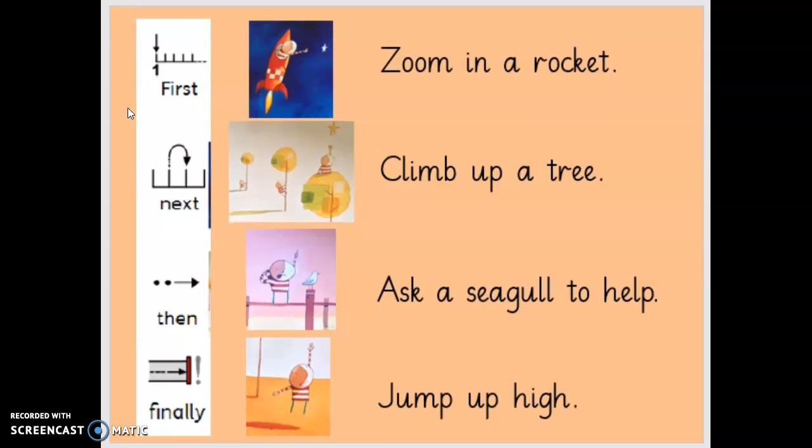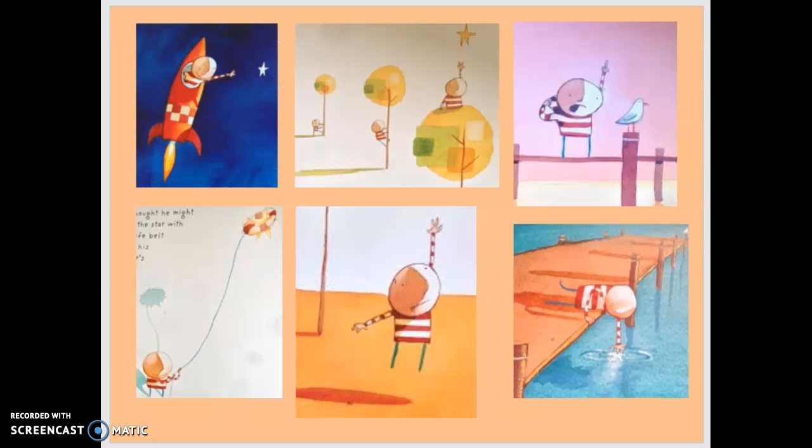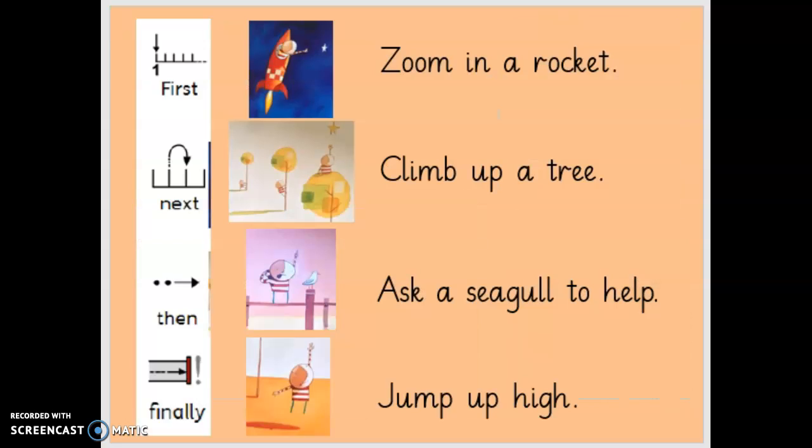So I've got first, next, then, and finally. And I've thought about the instructions I want to write. I've got some pictures here. You might decide to cut out some of the pictures from your literacy learning pack, or you might choose to draw the pictures for your instructions. And then I've brought a sentence.